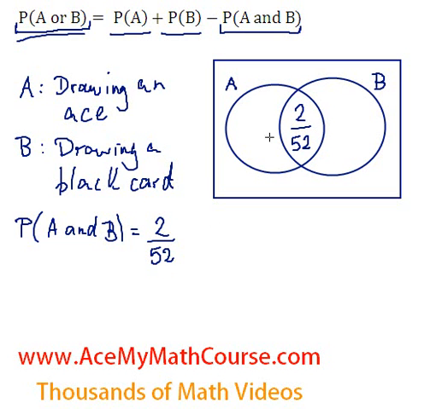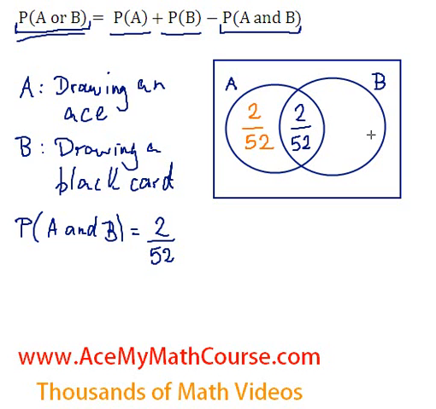Great. What about in this area here? What is the probability of drawing an ace that is not a black card? That is what this area here will represent: drawing an ace that is not black. Simple. There are two aces that are not black cards, the ace of hearts and the ace of diamonds.